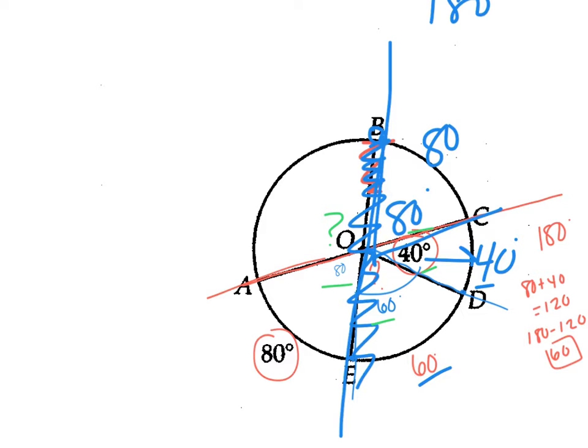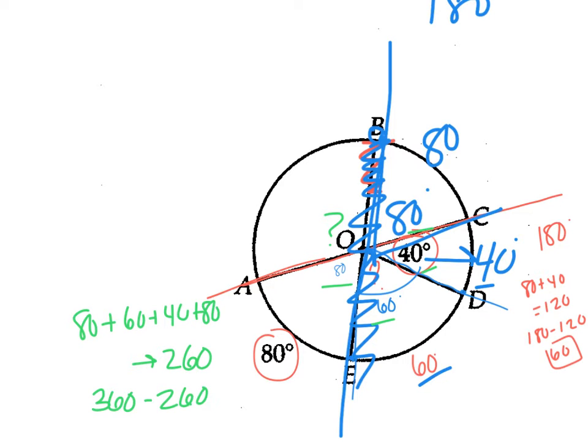So I'm just going to do 360 minus that sum. So if I do 80 plus 60 plus 40 plus 80 in my calculator, I'm going to get 260. I'm then going to subtract that from 360, and I'm going to get 100 degrees. So that means angle AOB is 100 degrees.